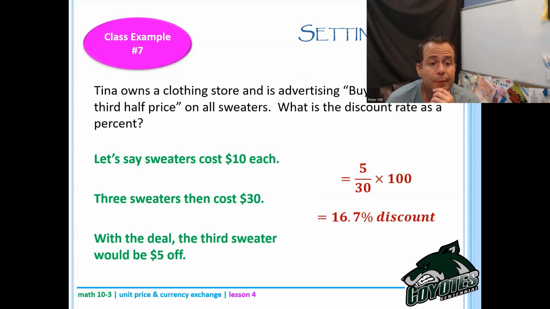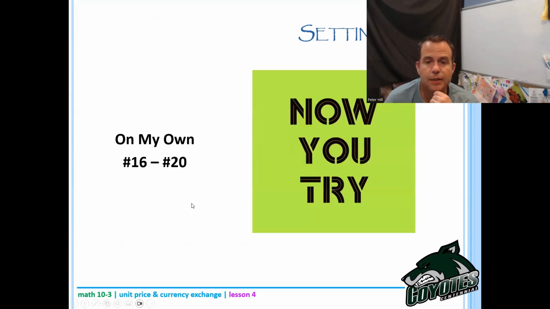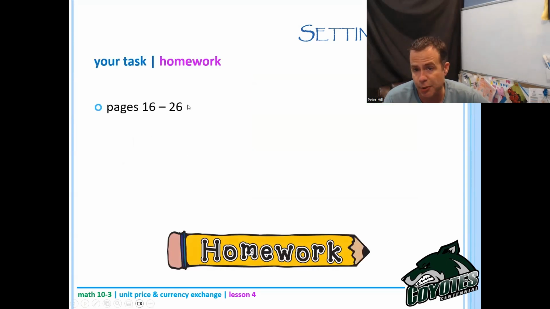All right, so now we have 4 more on your owns to try. Number 16 to 20. And then you will see that that leaves us at the end of lesson 4. So when you have finished number 16 to 20, you will be all done up to page 26. This lesson was pages 16 to page 26.